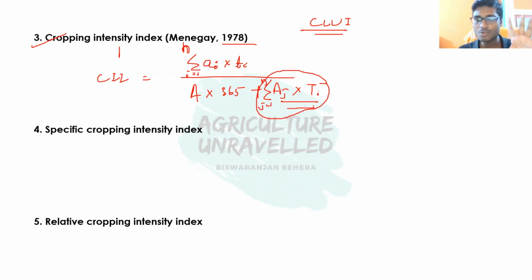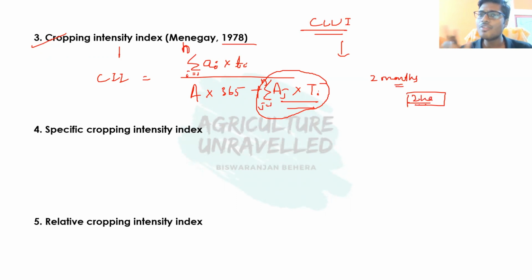So I will give a small example to understand this. In the earlier CLUI concept, suppose a farmer has an extra 2 hectare land, but this 2 hectare land is available for 2 months only. It is not available throughout the year. Then the CLUI concept will not consider this 2 hectare land or 2 months period.